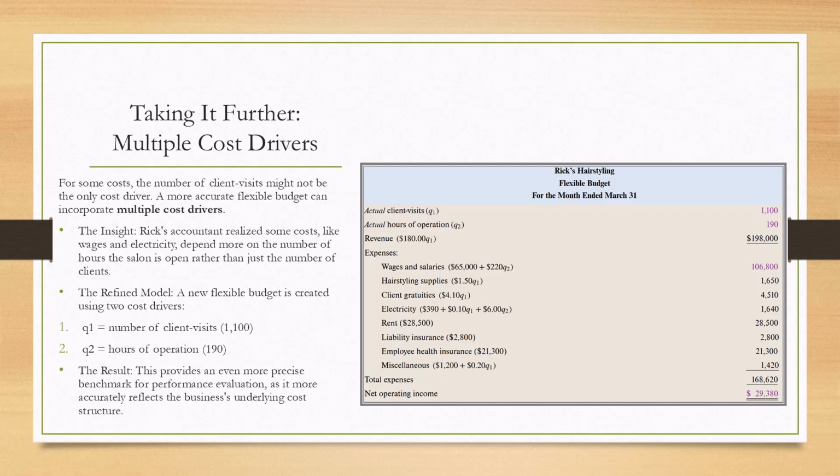As you can see in this more refined model, a new flexible budget has been created that uses two cost drivers, Q1, which is the number of client visits, and Q2, which is the hours of operation. This provides an even more precise benchmark for performance evaluation because it more accurately reflects the business's underlying cost structure.